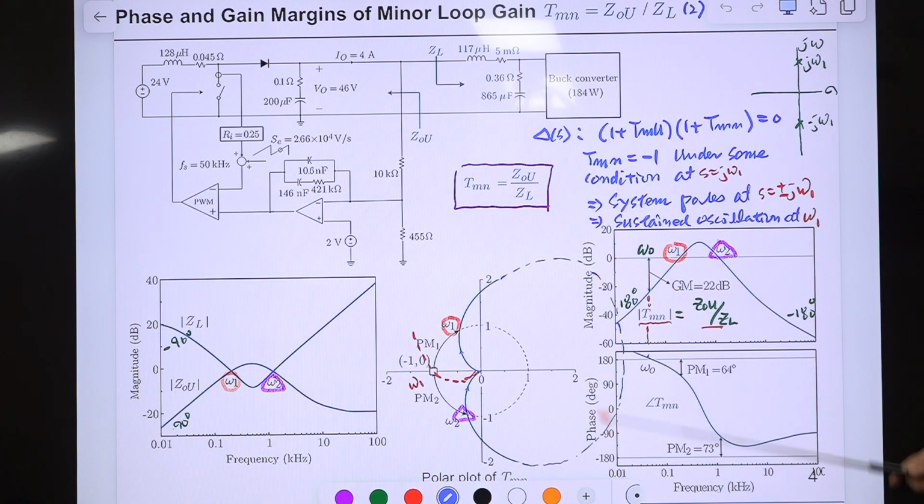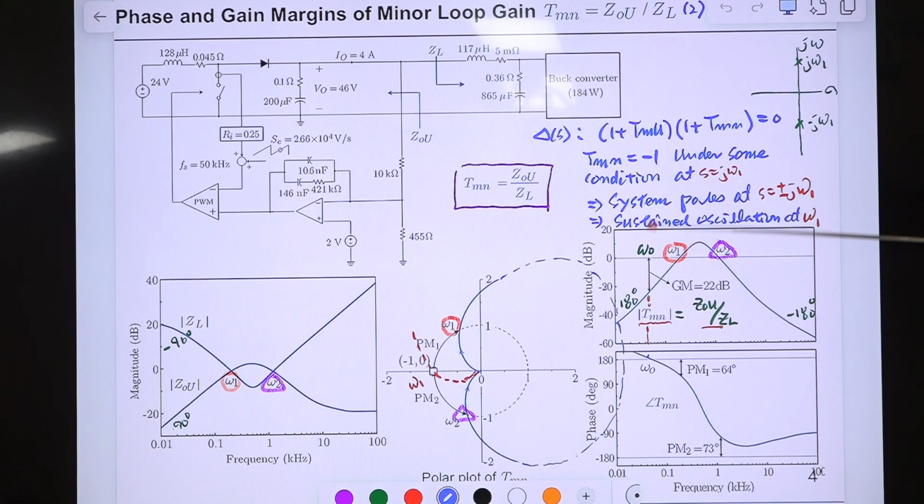There is one pole here, then another should be here. So the system has a pole at this frequency, s equals plus or minus j omega. In this case, what will happen? The system will oscillate without input at exactly this frequency, omega 1.